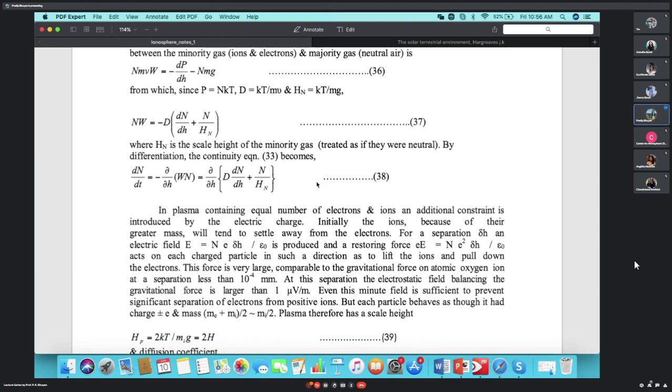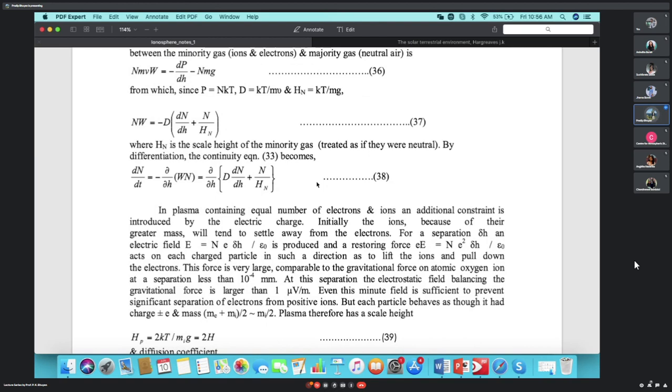Now, because the plasma is a charged medium, you have charged particles. Therefore, an electric field will be set up. Whenever there are charged particles, there will always be an electric field.